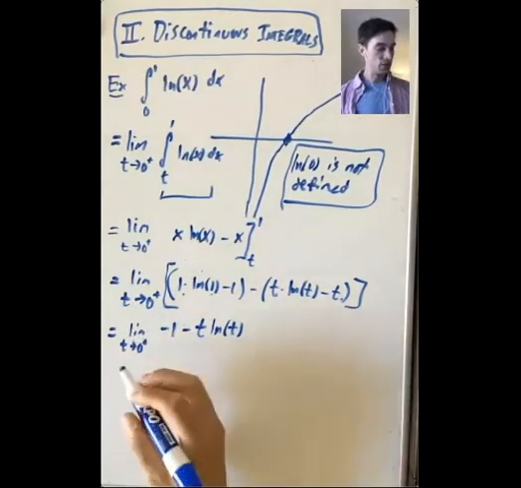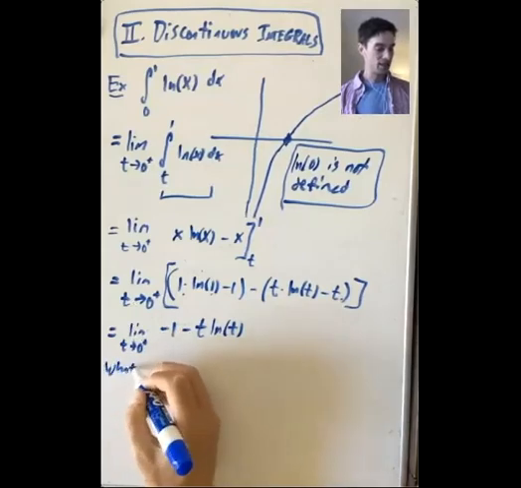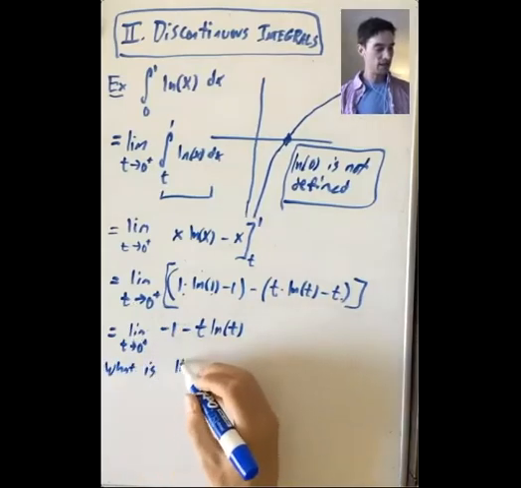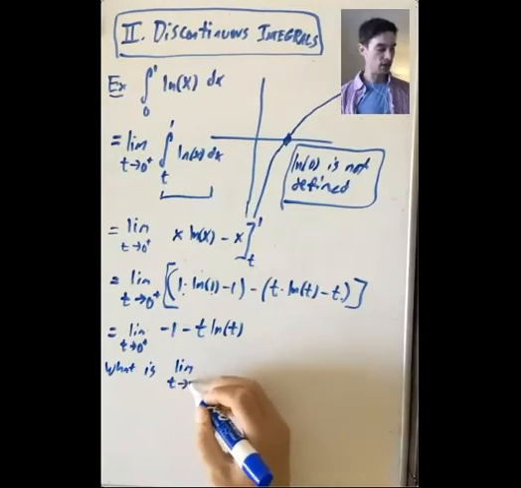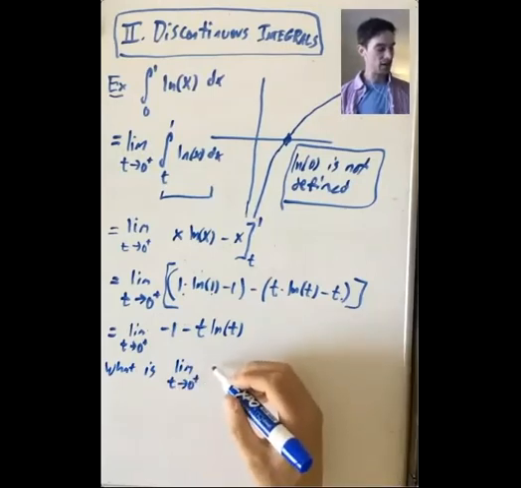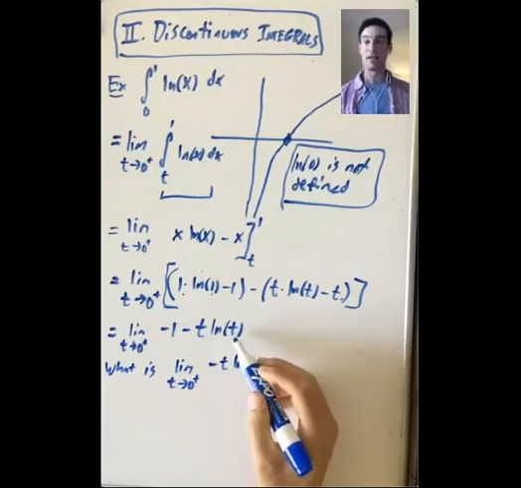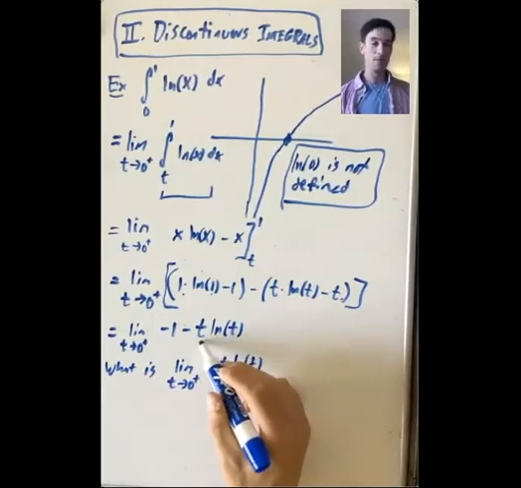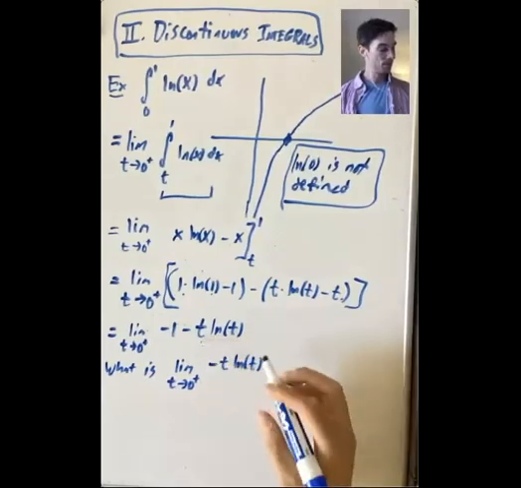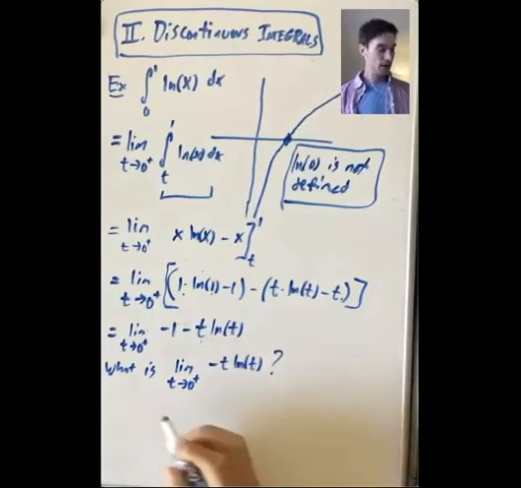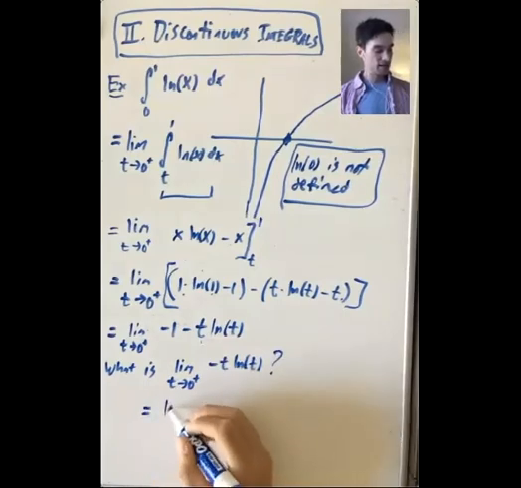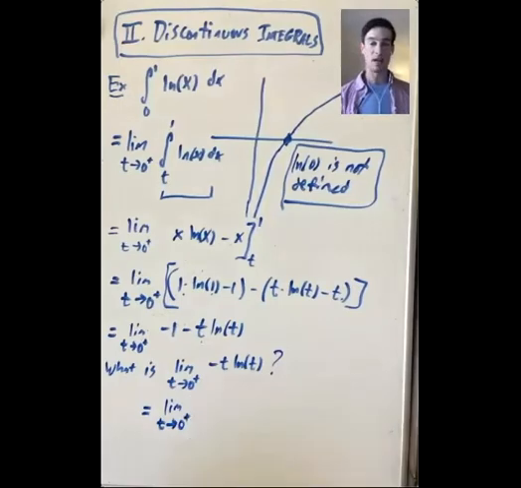So the key question is just, what is the limit as t goes to 0 from the plus direction of minus t times natural log of t? So natural log of t we said is going to -infinity, but t is going to 0. And again, the trick is to think of this limit in a slightly different way and then apply L'Hopital's rule.